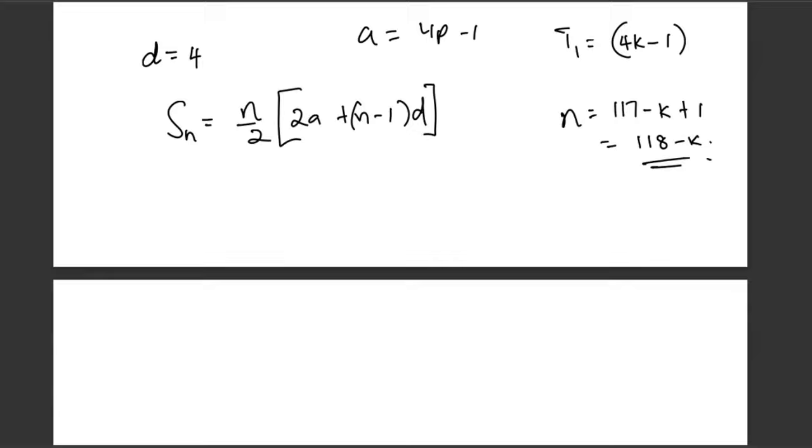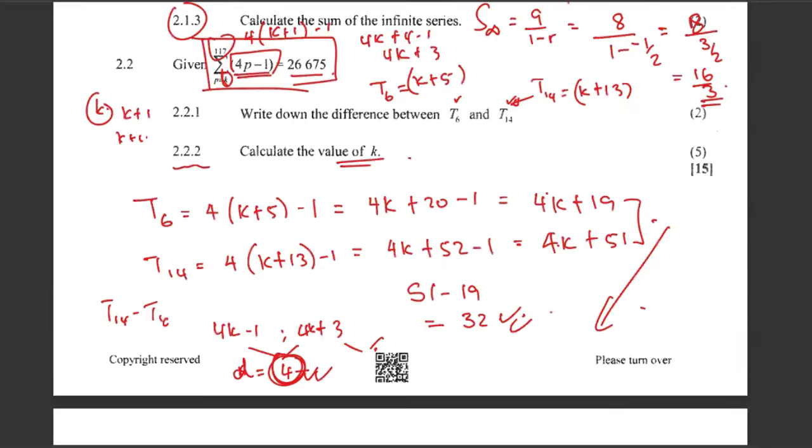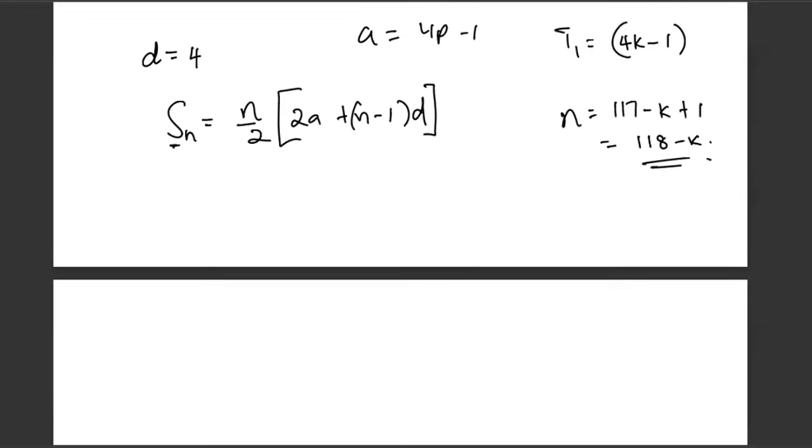All right, so we're going to replace our Sn with the sum we were given, which is 26675. So 26675 is equivalent to 118 minus k over 2, open brackets 2 times our first term, 4k minus 1. Is that correct? Yes.